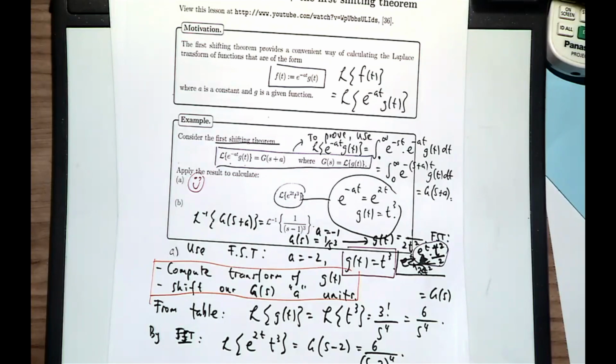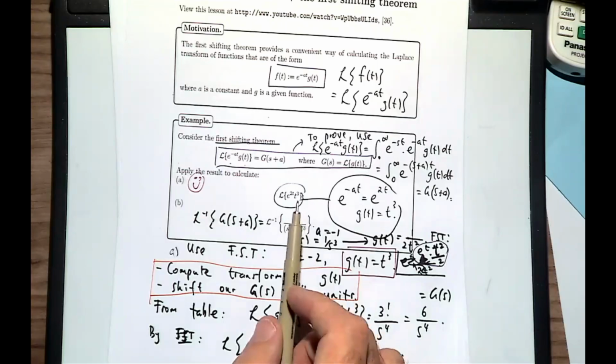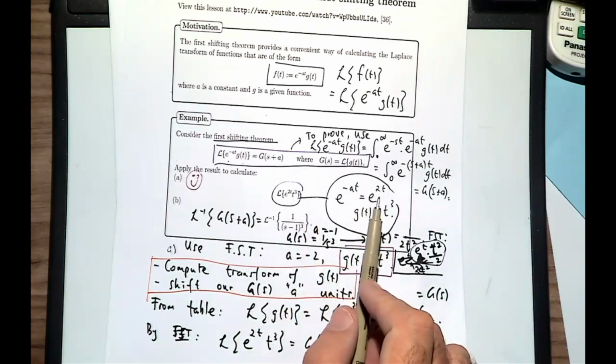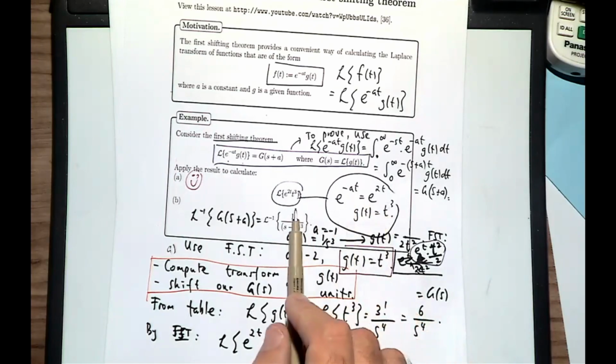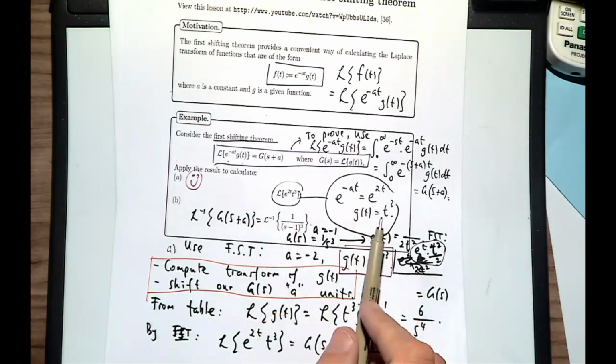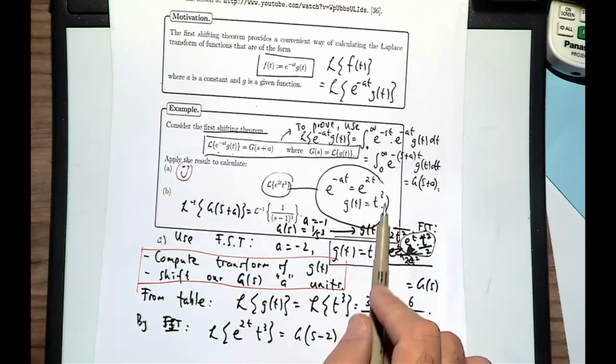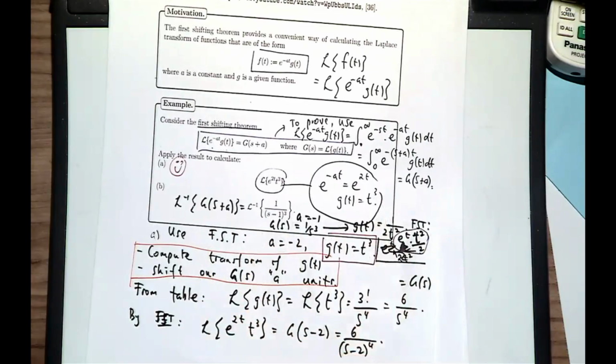And the table's helpful, right? So with part A, my value A would be negative 2. My function little g of t would be t cubed. So compute the transform of t cubed and then shift it.